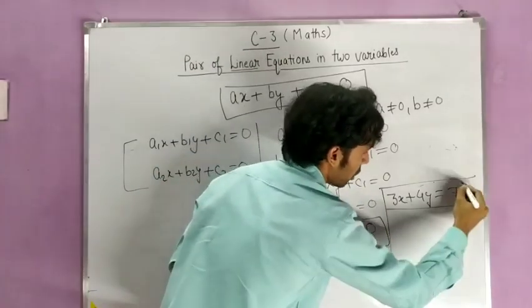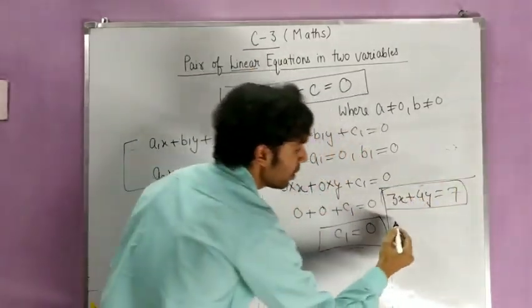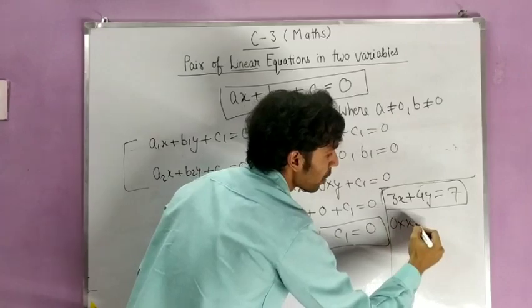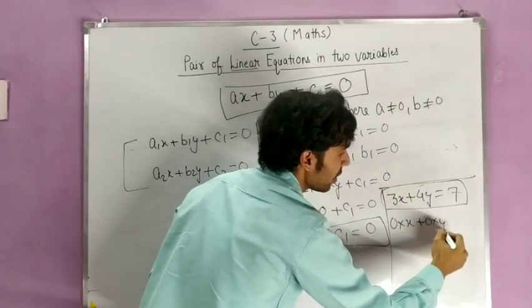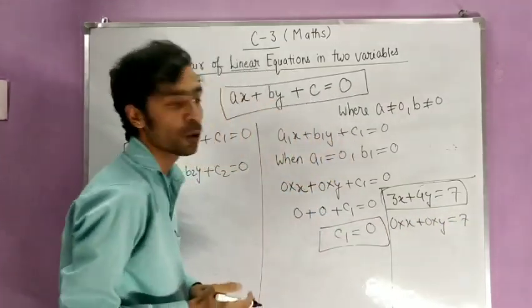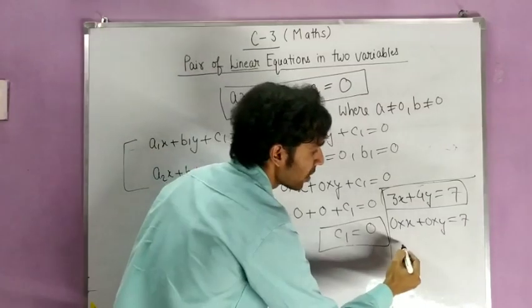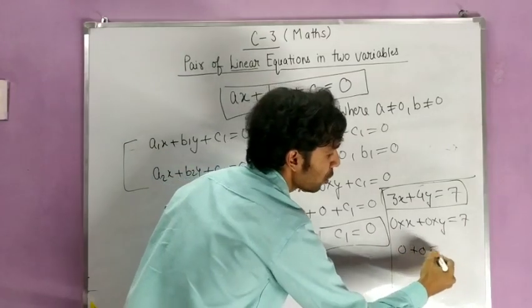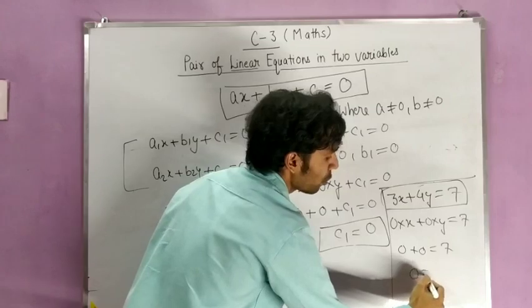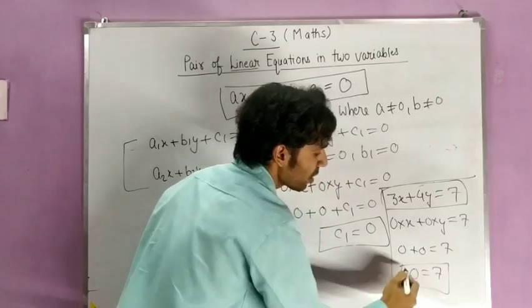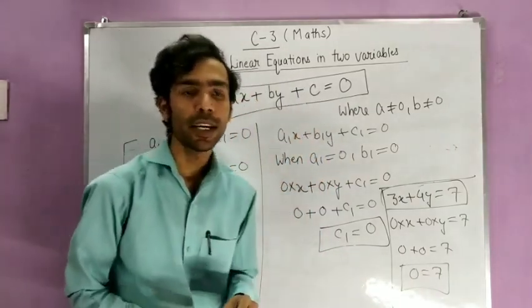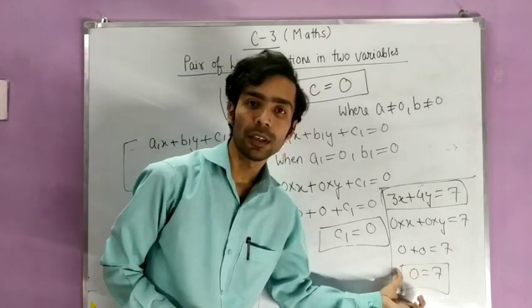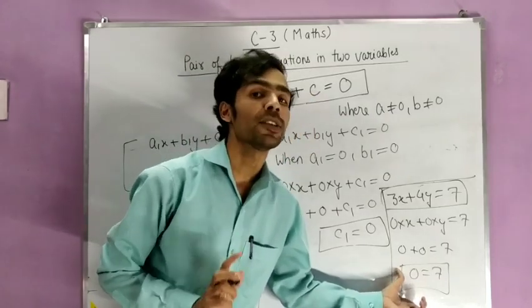Suppose it is an equation: 0 into x plus 0 into y equal to 7. So what will you get? 0 plus 0 equal to 7, so 0 equal to 7. Is it possible? You tell, is it possible? No, it is not possible.